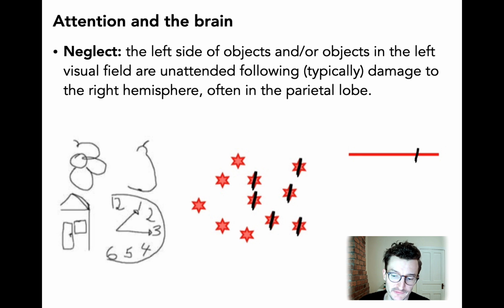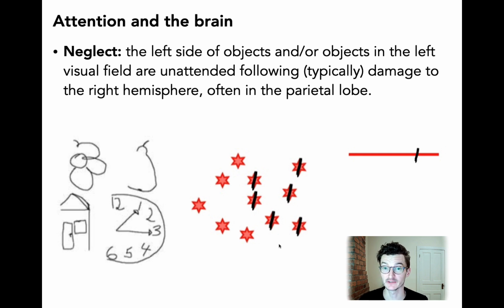And so, for instance, if you had a neglect patient in the lab and you asked them to draw a flower, or a pear, or a clock, or a house, they only draw the right side of the object. If you showed them an array of stars and you asked them to cross out all of the stars that they see, they would only cross out the stars on the right side of the array.